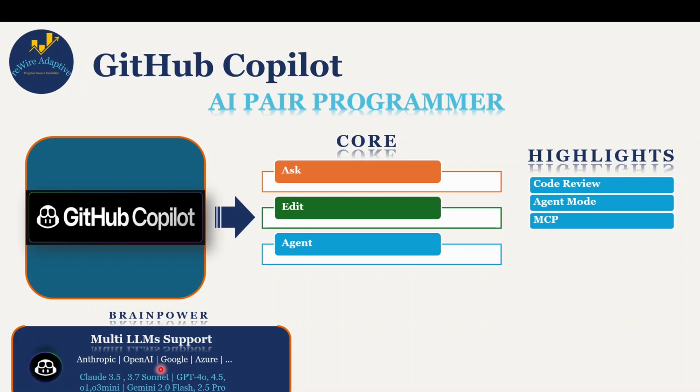Overall, what I would like to say here is that it is not only supporting these models. There are several other models based on your pricing plan. You'll get to know those models, and if it is an enterprise version or a professional version, there are different models, and accordingly the cost will be factored into your chosen features for this particular license.